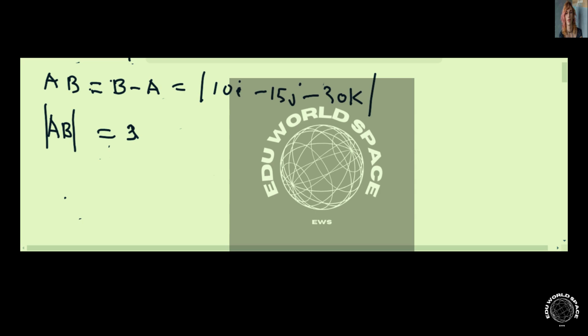That is, just square all the components separately, add them, and take the root. Then, to get the unit vector for cable AB, UAB is going to be equal to AB over the magnitude that you have already gotten.